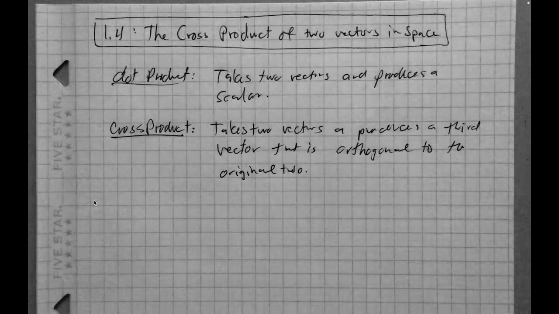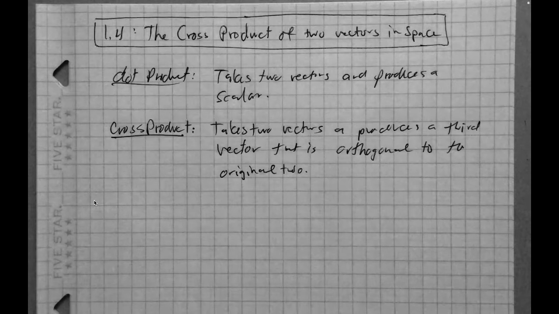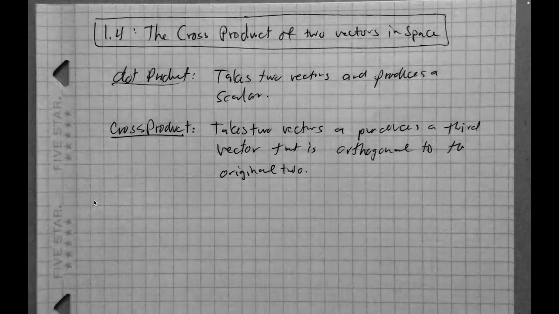So that's going to be the main use of the cross product, to identify this orthogonal vector. If you're given two vectors, you can run the cross product on them, and you'll get a third vector that is orthogonal to the first two. We'll talk about that in more detail in a moment, but let's take a look at a definition.